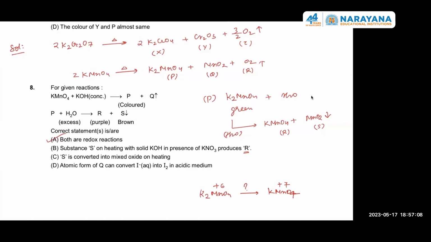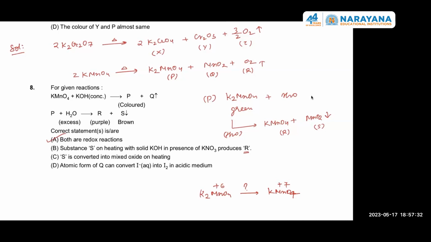S is converted into a mixed oxide on heating. This is correct. And atomic form of Q converts aqueous I- into I2 in acidic medium. How are these correct? Any guesses?